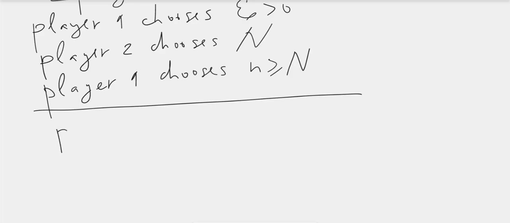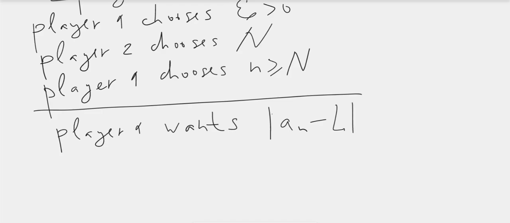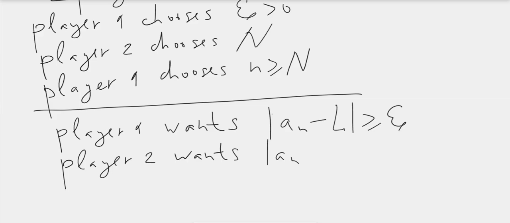Player 1 wants the absolute value of a_n minus L to be greater or equal than epsilon, and player 2 wants a_n minus L to be less than epsilon. So these are their goals.